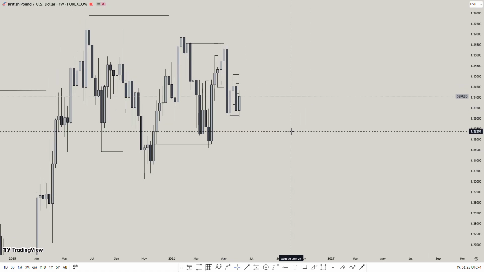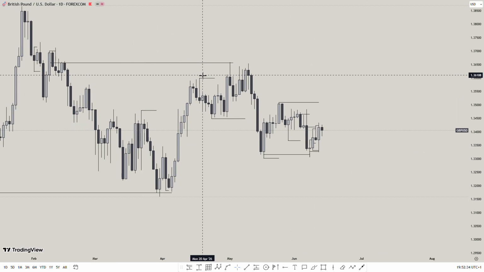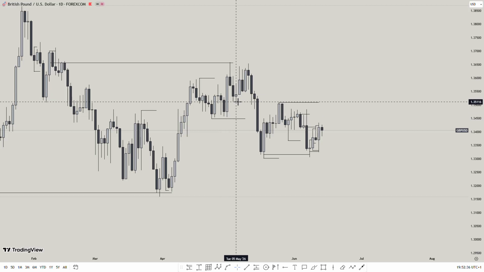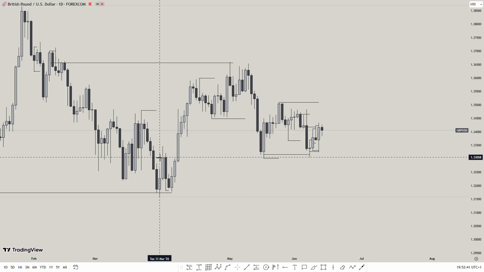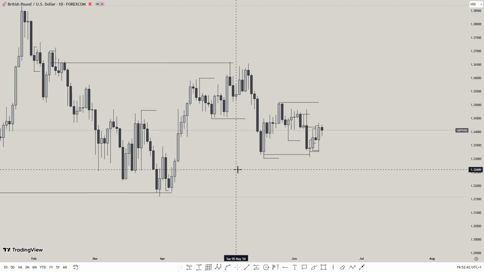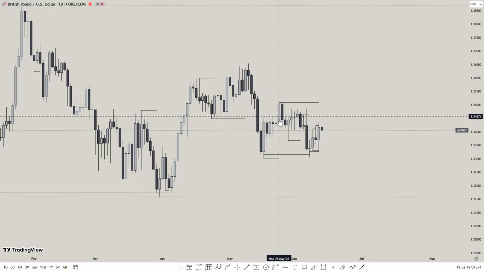And then if we go to the daily time frame, let's see what's happening. The price broke structure here and gave a change of character. Then we have this key level that price is reacting from. Price came, didn't break any major structures. We had a break of structure here.